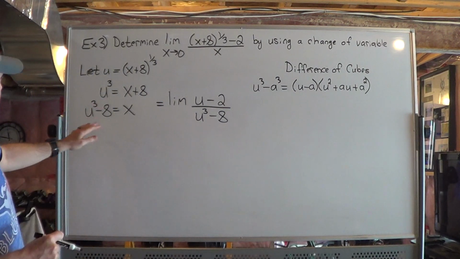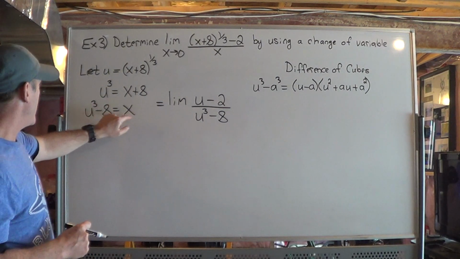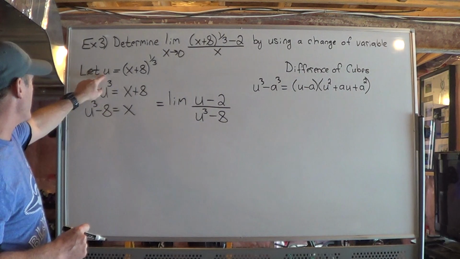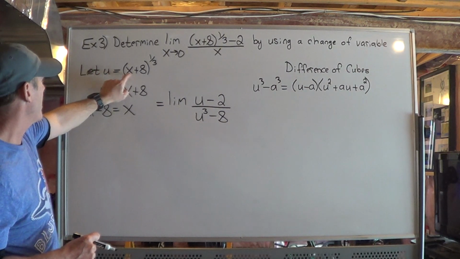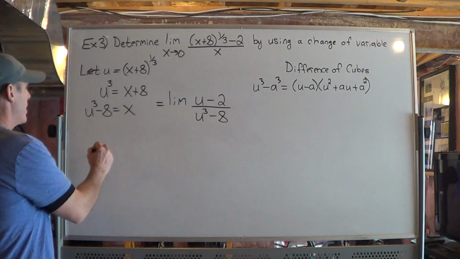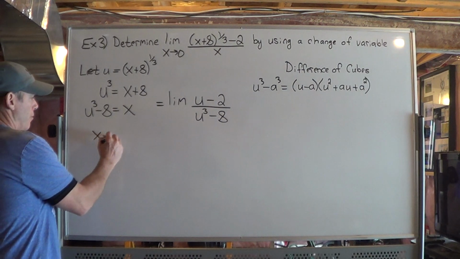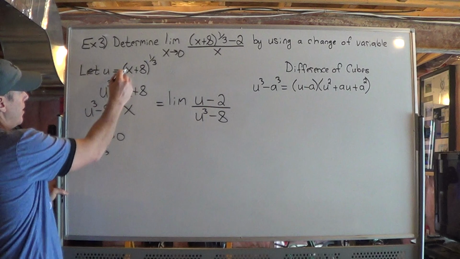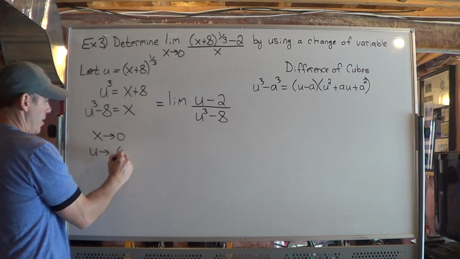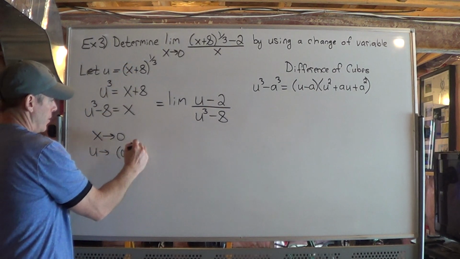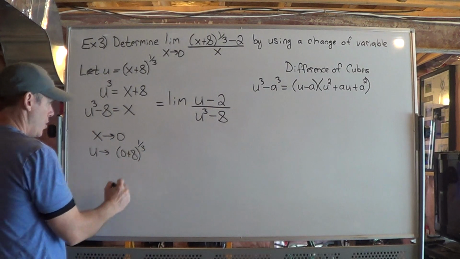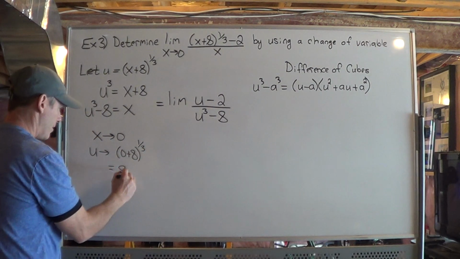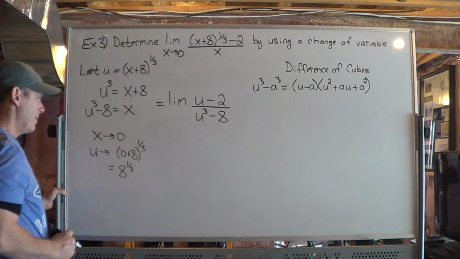So I go back up to here and look at what u would equal if I put a 0 in for x. So as x approaches 0, u will approach 0 plus 8 to the 1/3.